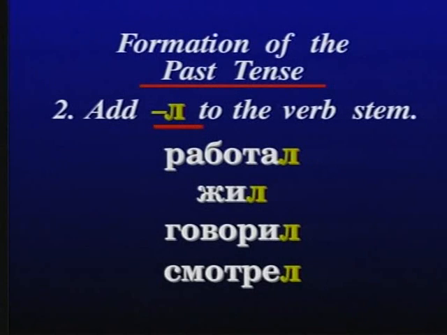We got rid of the infinitive ending, we found the verb stem, and then we need to add the past tense suffix to the verb stem. Let's take a look at this. This is step 2. Add L to the verb stem. L is the past tense suffix.